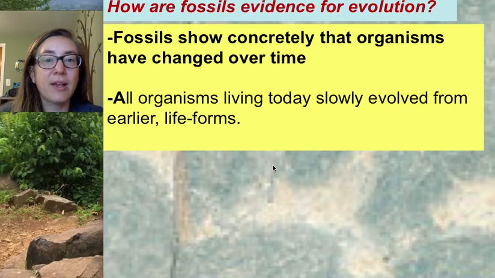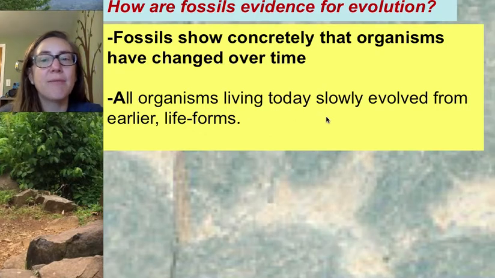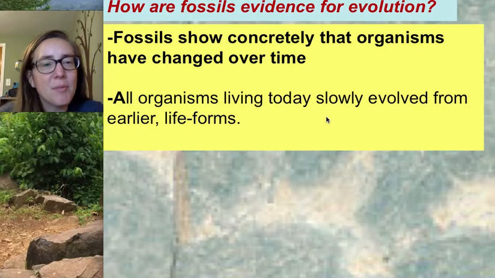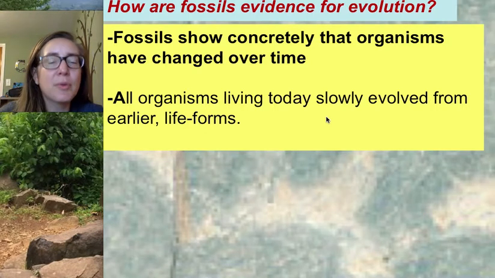Fossils show that organisms have changed over time. So concretely, it's actually, you can see it, it's fossilized, it's evidence that you can see. It shows that all organisms today have slowly evolved from earlier life forms. And again, I'm going to say that's mostly the case. You are going to mostly see this change over time, and that Earth has been around for 5 billion years.